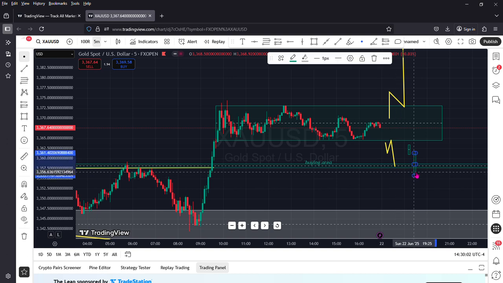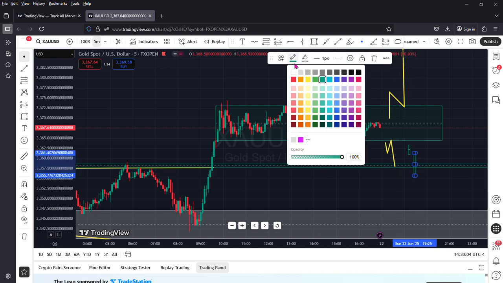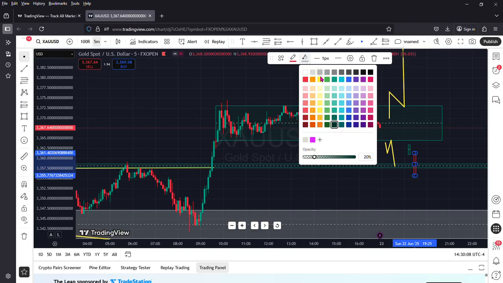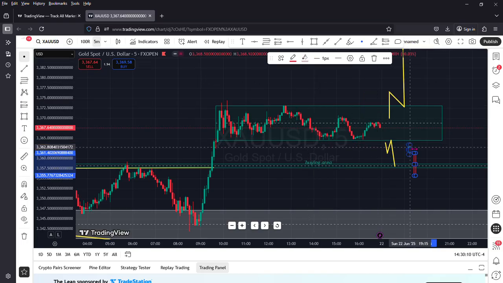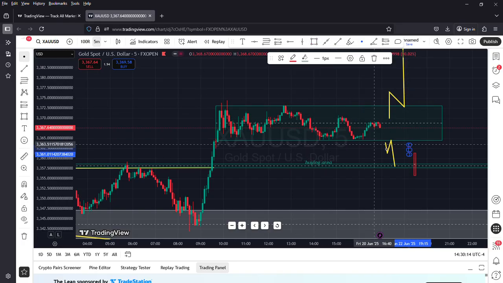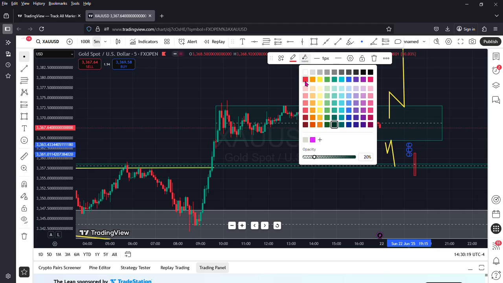This is a red candle on selling. So we are not entering the market. Why? Because the market did not give us entry. Understand? The market did not give us entry.